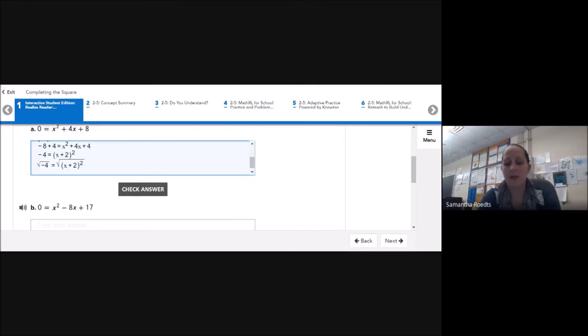That gives me plus or minus 2i equals x plus 2. I'm going to subtract 2 from both sides, so I get negative 2 plus or minus 2i. So that means my solutions are negative 2 plus 2i or negative 2 minus 2i.